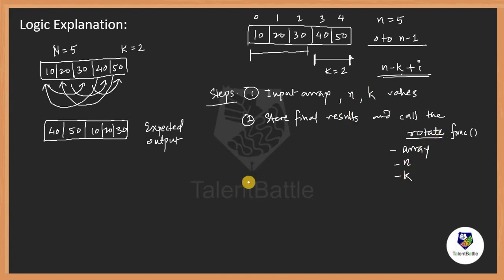Now the important thing here is, if my value of k is greater than n, then what will you do? Suppose my n is 5 here and k is 6, then you don't have that many elements. So we have to perform a reduction in the value of k. How can you do that?